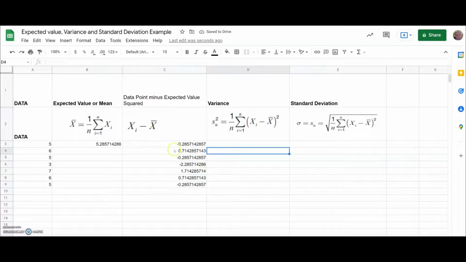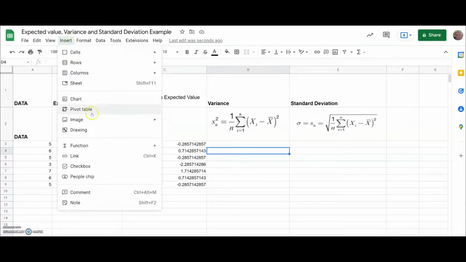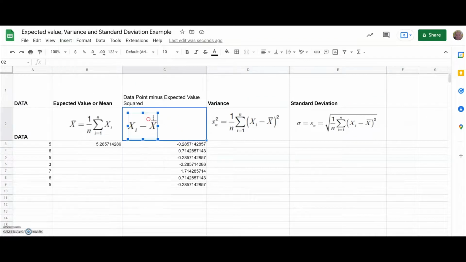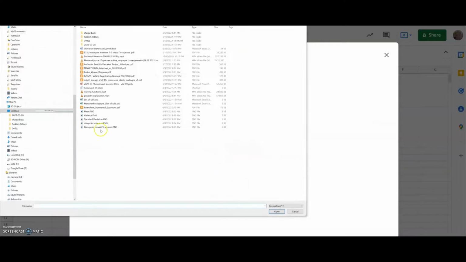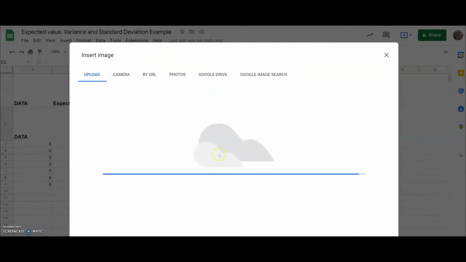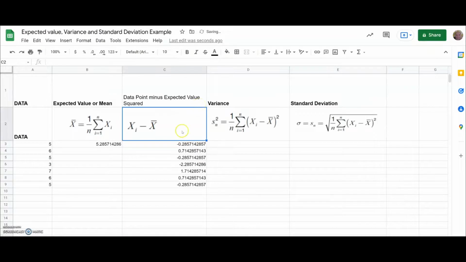All right. So if we need this squared, I need to replace this. I've got each data point minus the expected value, or the mean, but now I want it squared.